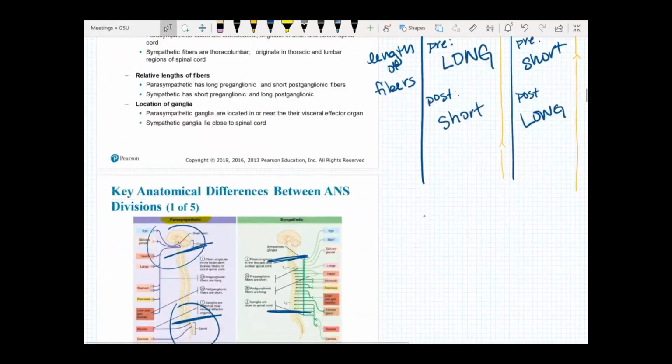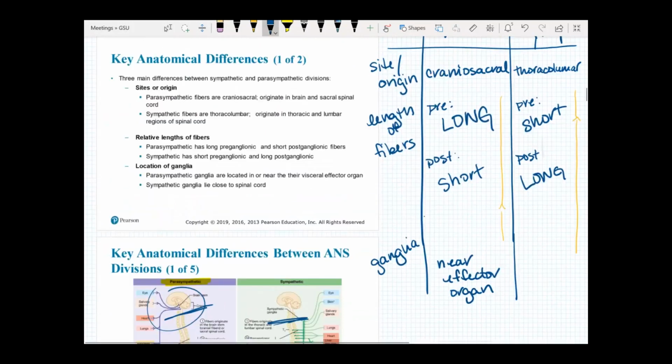Another difference between these two is the ganglia location and where you can find those. Your ganglia in the parasympathetic are going to be near the effector organ, which makes sense if we have a long preganglionic fiber and a short post-ganglionic fiber because our effector organ is right here. So this cell body will be close to our effector organ. That makes sense.